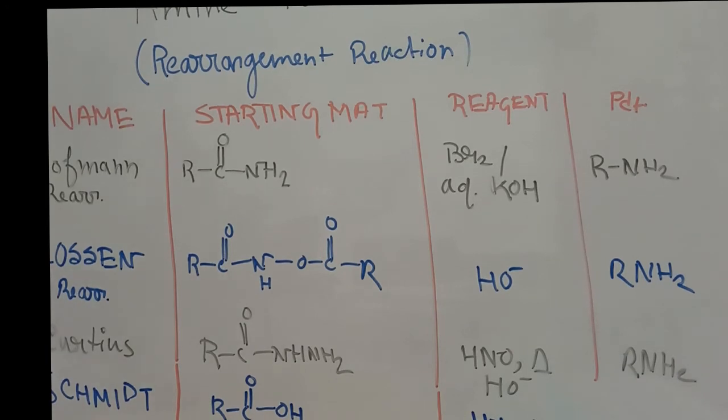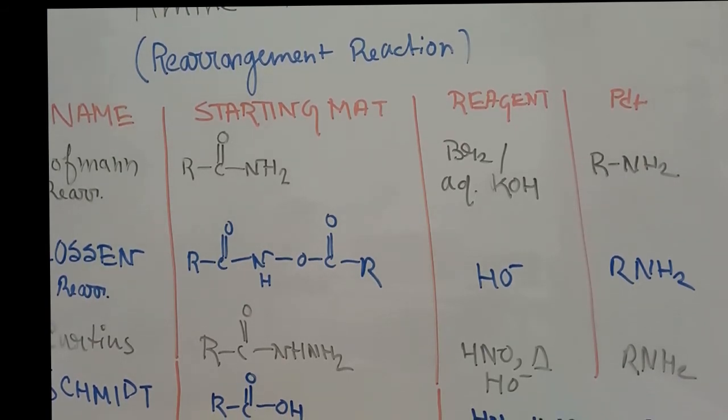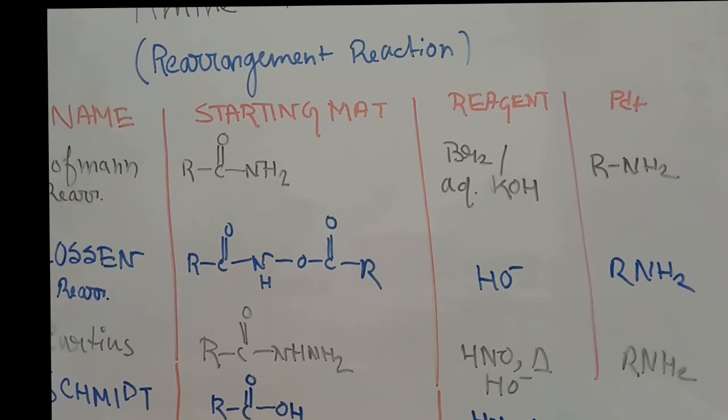Here you can see we have the Hofmann rearrangement, Lossen rearrangement, Curtius and Schmidt rearrangement. In the Hofmann rearrangement we have amide as starting material, and bromine in aqueous alkali. We have taken potassium hydroxide here; you may take sodium hydroxide also, and we get amine as product.